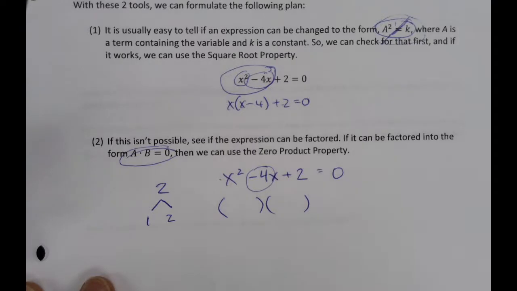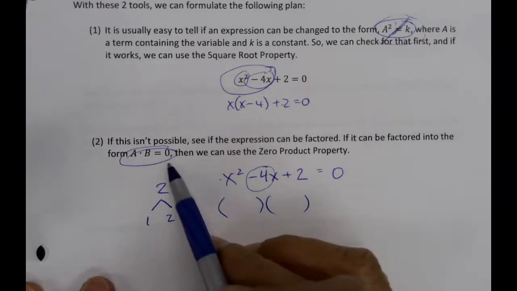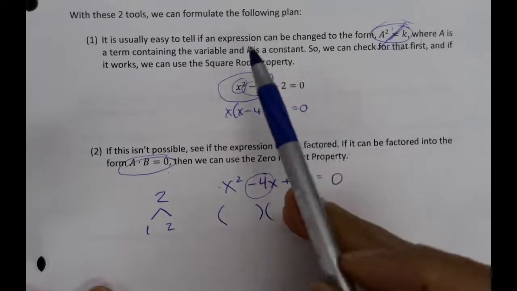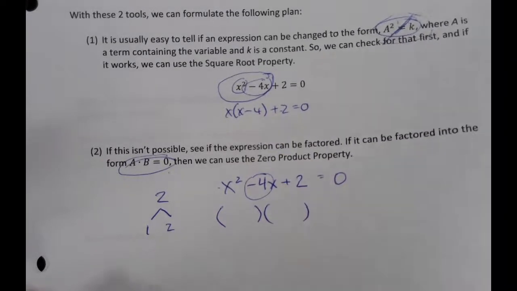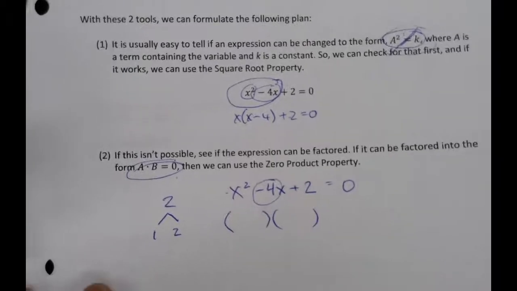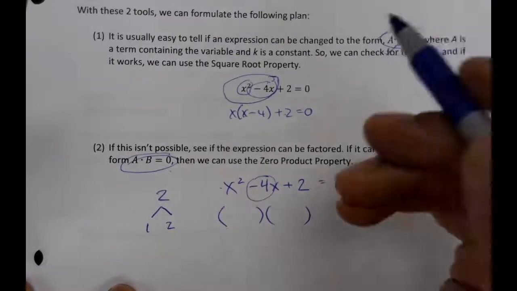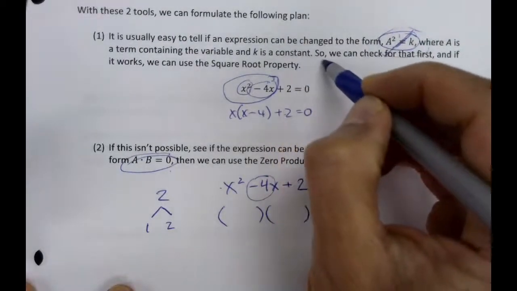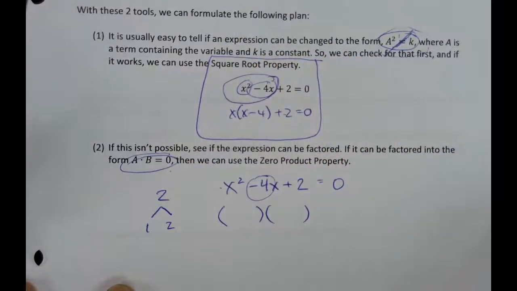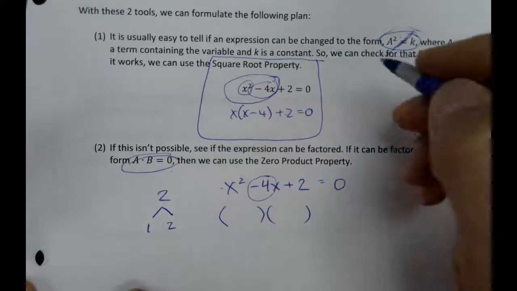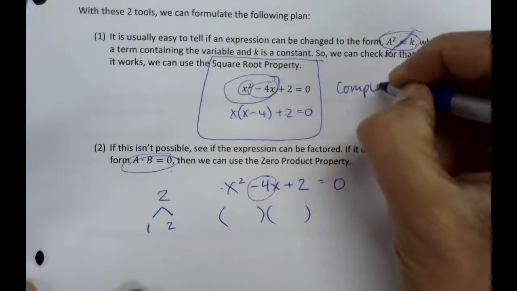Well, then what do we do? It can't be factored, and it doesn't seem to fit the square root property. Well, we have a way to turn it into something that is a candidate for the square root property, and that is called completing the square.